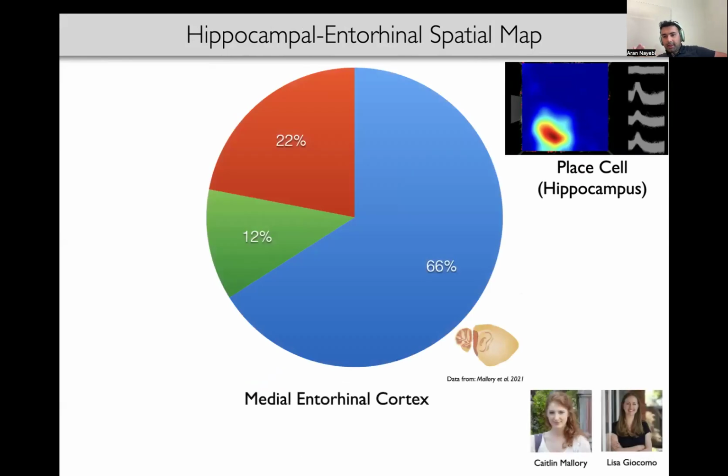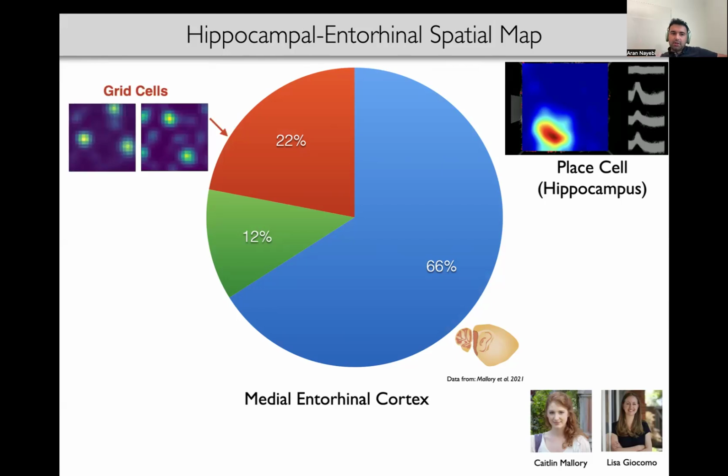A brain region known as medial entorhinal cortex also plays an important role, and this consists of a variety of cell types. The most prominent and famous ones are these grid cells, which fire periodic fields across space.